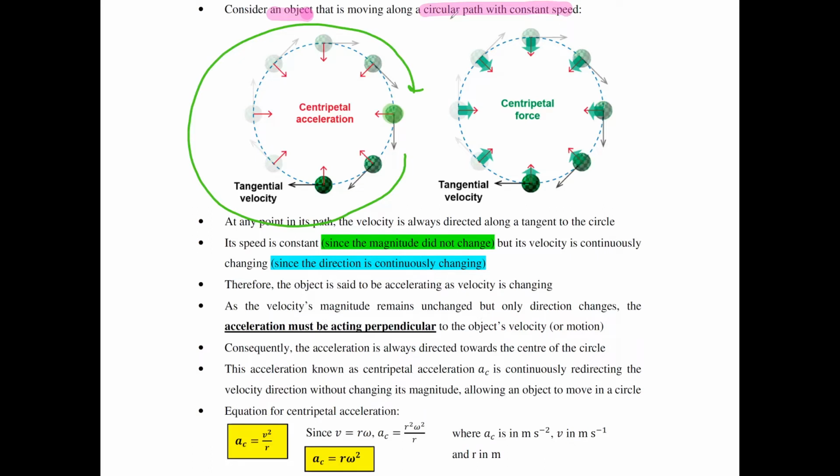Saying that you're moving along a circular path with constant speed basically means that your instantaneous velocity or your linear speed is always the same. Just like I mentioned, your instantaneous speed or linear speed is always going to be tangent to your point considered.